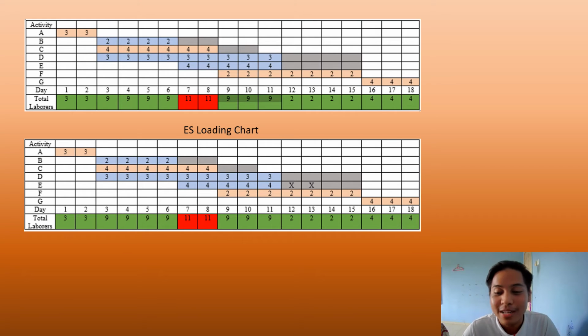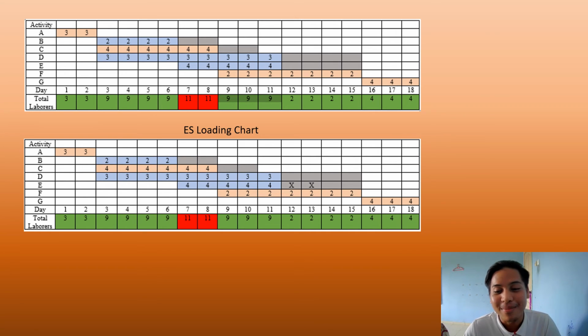The cell shaded blue represents the non-critical activities, and the cell shaded gray represents the slack in these activities. The green shaded cells are the ones that already fulfill our condition, and the red is the one that is yet to fulfill the condition, which is more than 9.